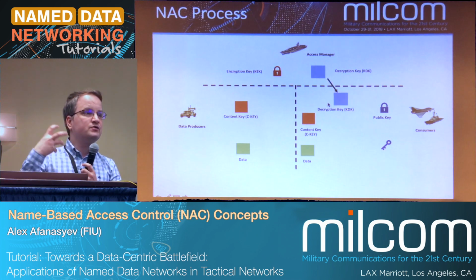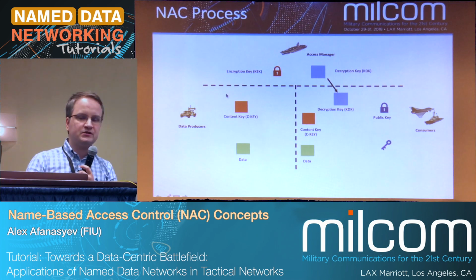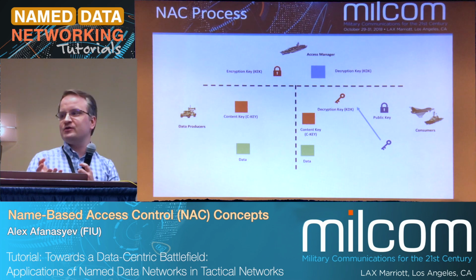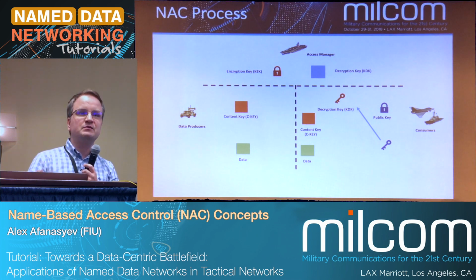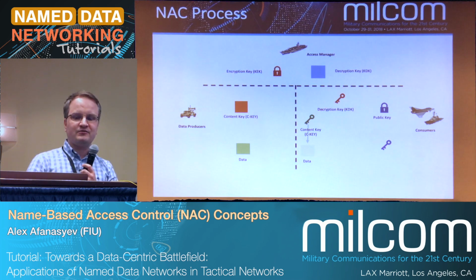Further, you can also retrieve the decryption key because that one is also identified as part of the content key, and I'll give you an example in a few seconds. If you can retrieve the decryption key that has been created for you, then you can decrypt the decryption key, then decrypt the content key, and finally decrypt the content.